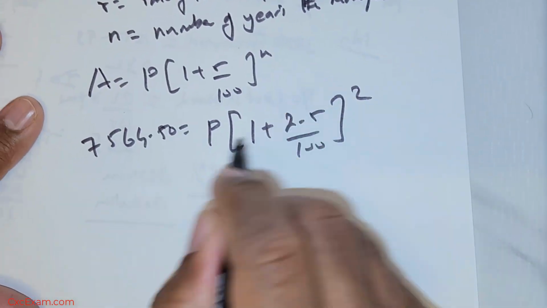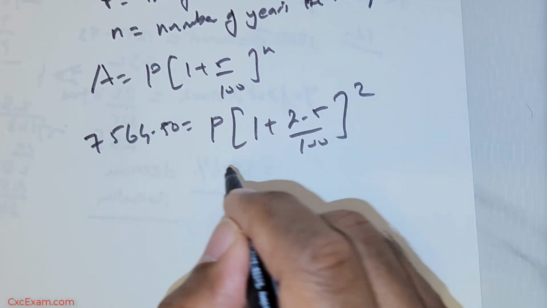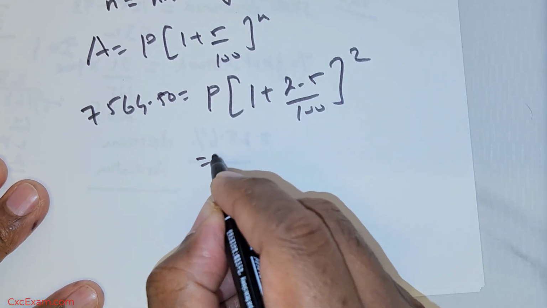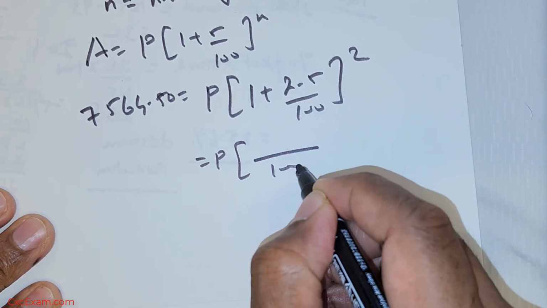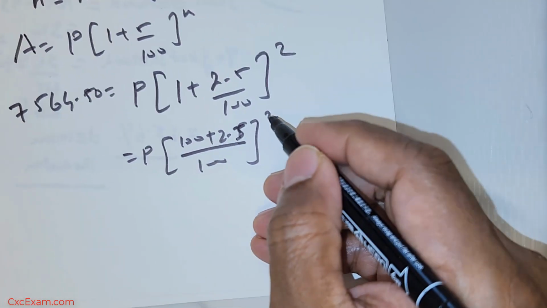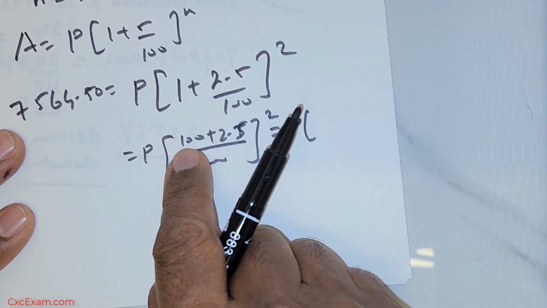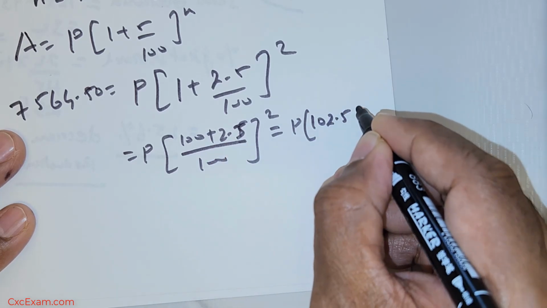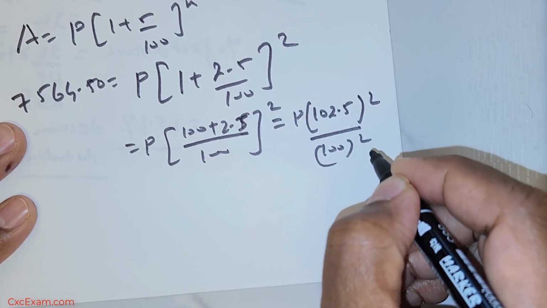All of this information is given in the question itself. All you need to do is take that information and feed it into the formula. So this is equal to P times, if I take the LCM as 100, 100 plus 2.5 raised to the power of 2, which is equal to P of, to 100 I add 2.5, so 102.5. This is raised to the power of 2, and you have 100 raised to the power of 2.